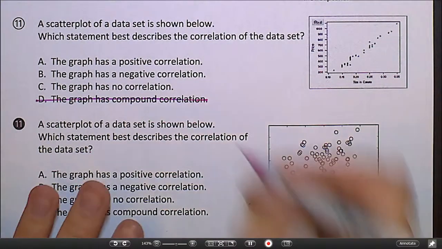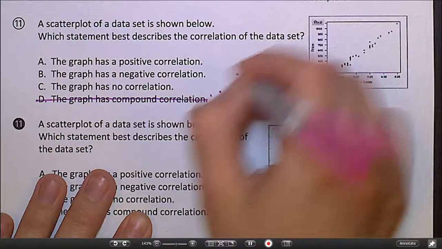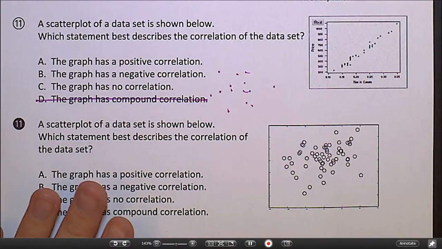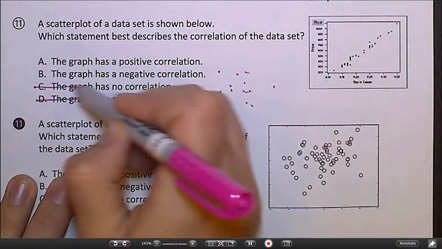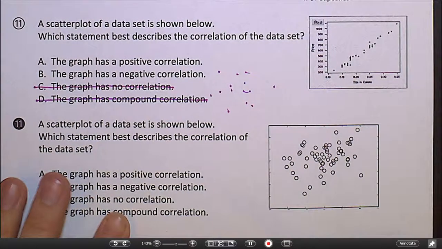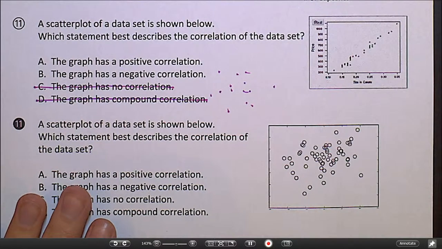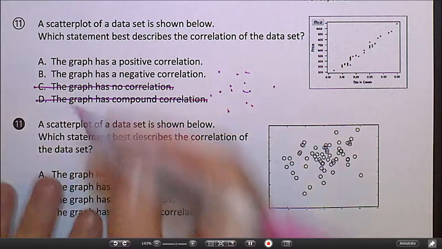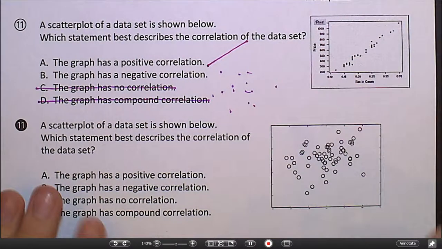Now, no correlation, remember, is where we have dots all over the place, and it's just like a mess. That's where it's completely random. So it's not no correlation. So now we're down to positive and negative. So positive goes up as you go to the right.